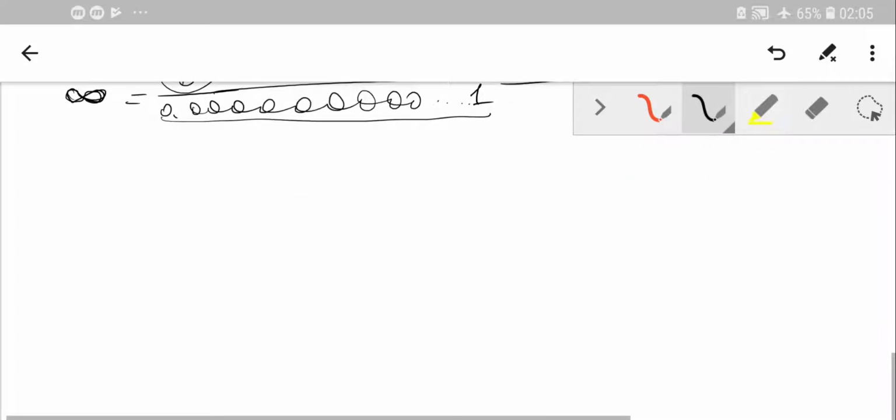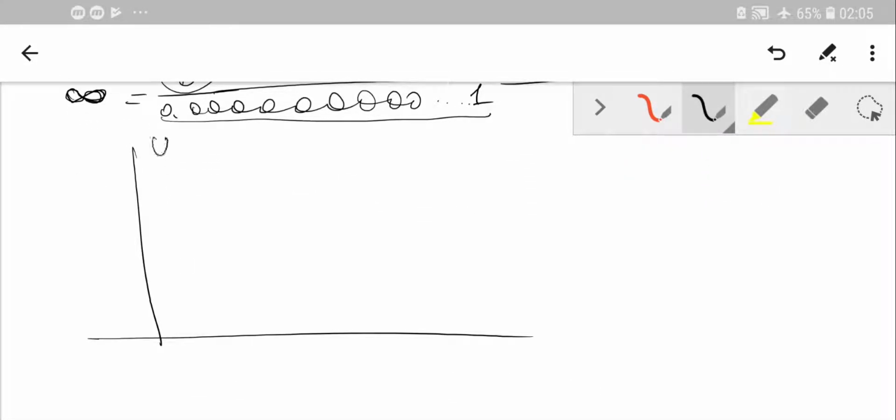So we have the following: y, x, and say 2 lines that are parallel. For example, this is the first line, the red, and this is the second line. So what does parallel mean?